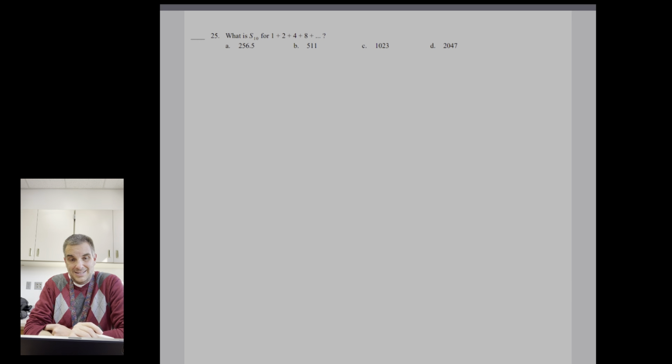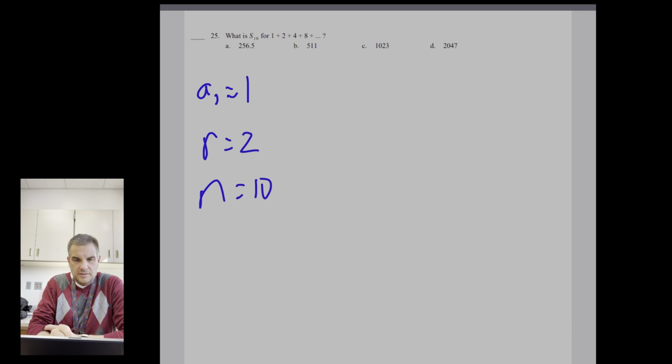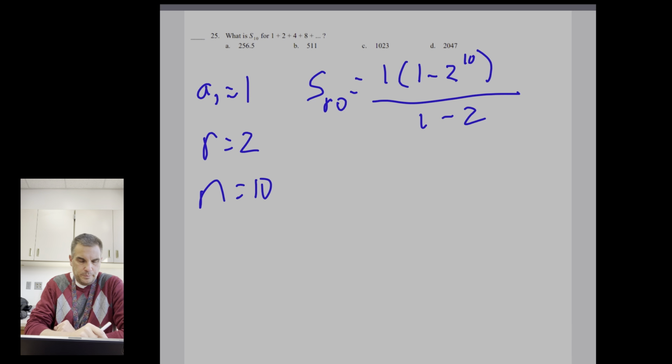What is the sum of the 10 terms in this? So our A1 is equal to 1. Our ratio is equal to 2. Our n value is 10. So S of 10 is going to equal 1 times 1 minus 2 to the 10th power, all divided by 1 minus 2.